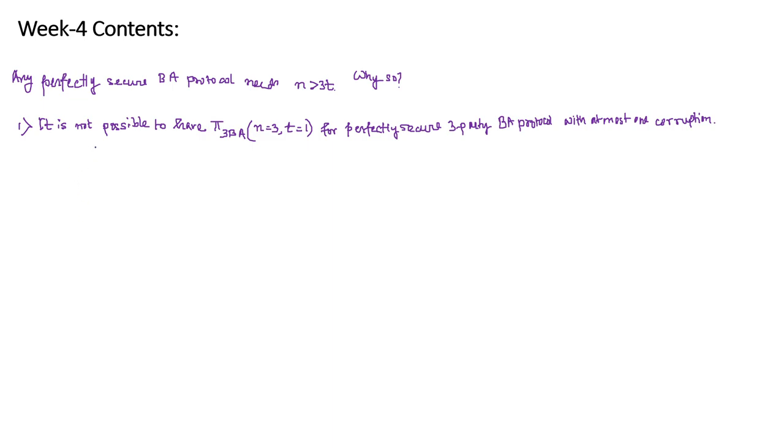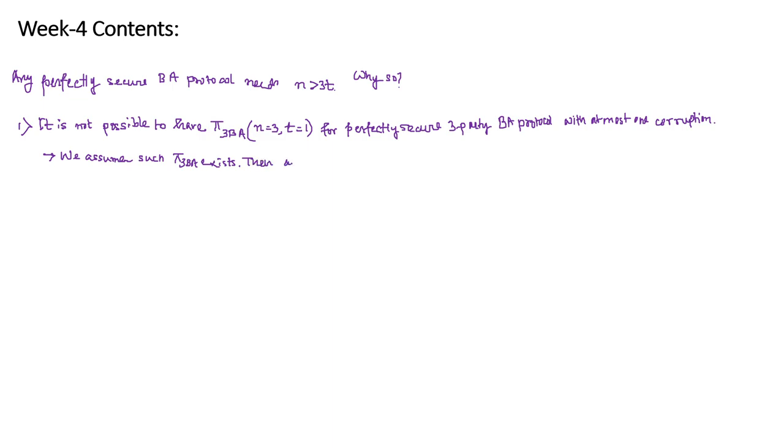And to show that, we had a quite involved proof. Basically the proof proceeds by contradiction. We assume such a Pi 3BA exists.